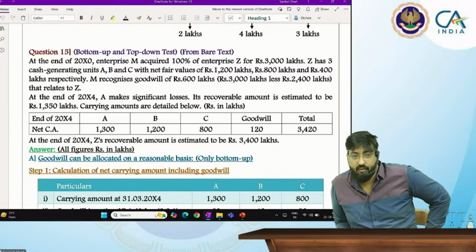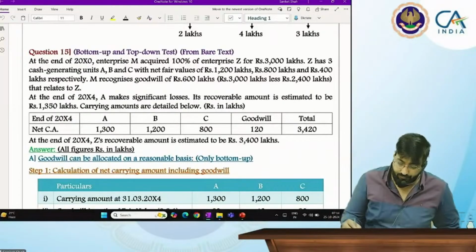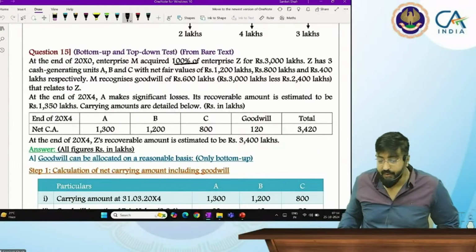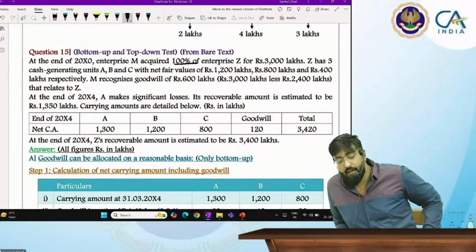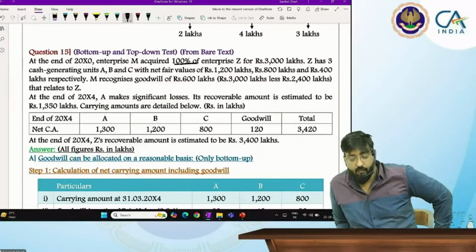At the end of 2020, assume, enterprise M acquired 100% of enterprise Z for 3000 lakhs. Z has 3 cash generating units, A, B, C. Rosalind ji, raise your hand.